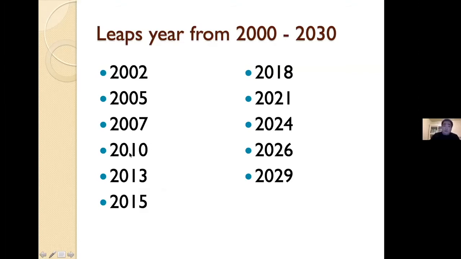The 2010 is our Hmong leap year; 2009 was Chinese. 2017, 3 years ago, was the Chinese leap year; 2018 was our leap year. Okay, so this year, based on the Chinese calendar, 2020 is a Chinese leap year.